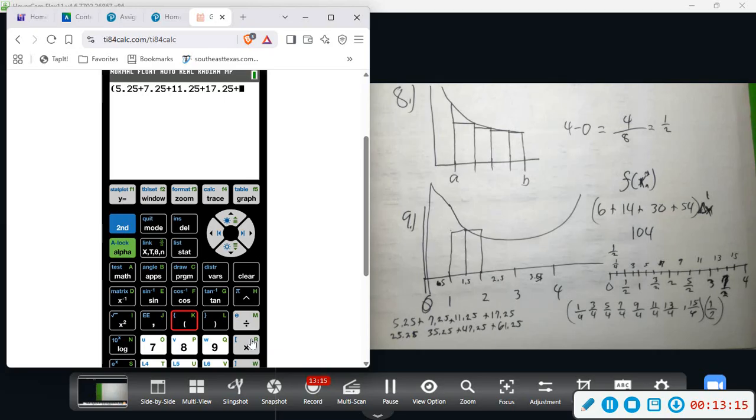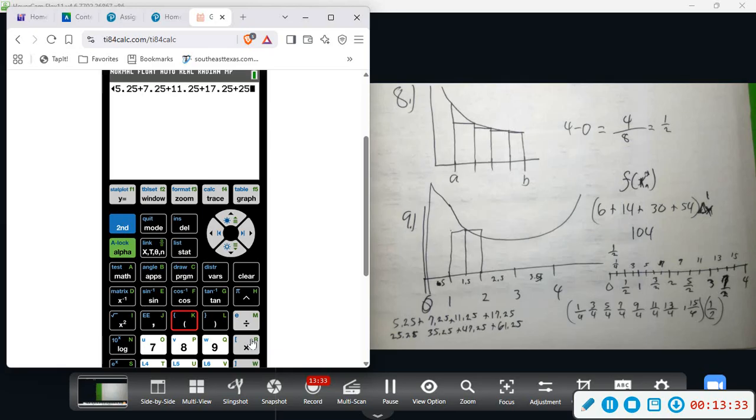Just double check before it starts sliding. So we got 5, 7, 11, 17. Could have just added all those up and said 2. So we do whole numbers, but we're there.